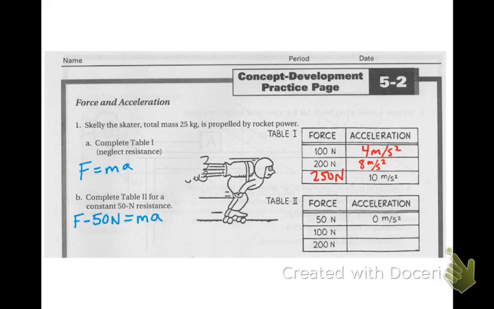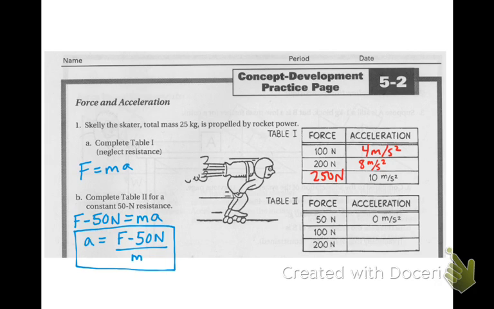So solving for our acceleration, our equation now is our force minus our 50 newton resistance force, over our mass. This is the equation that we're going to use to solve for our acceleration.